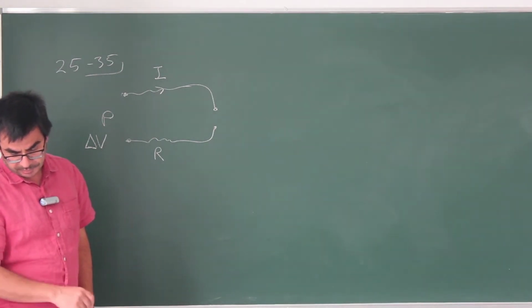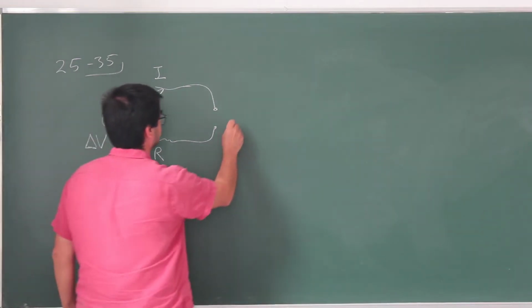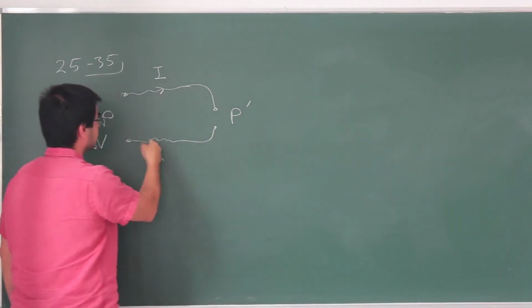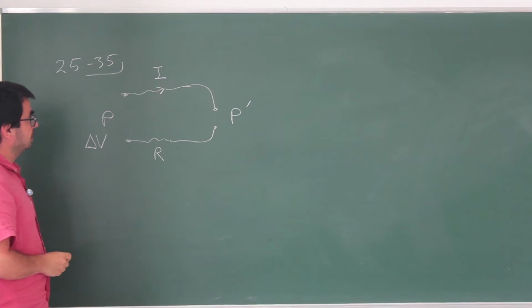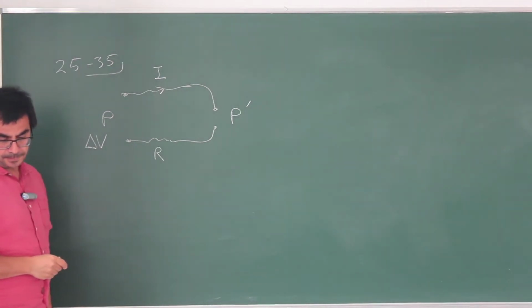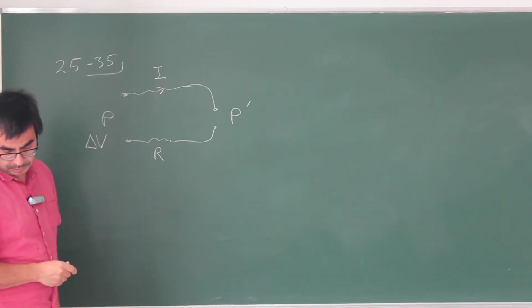The plant provides the user with electric power P prime. So here, some power is lost through the resistance of the transmission line, and only P prime is delivered over here.